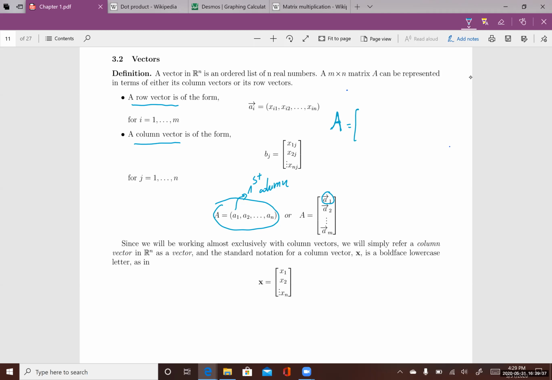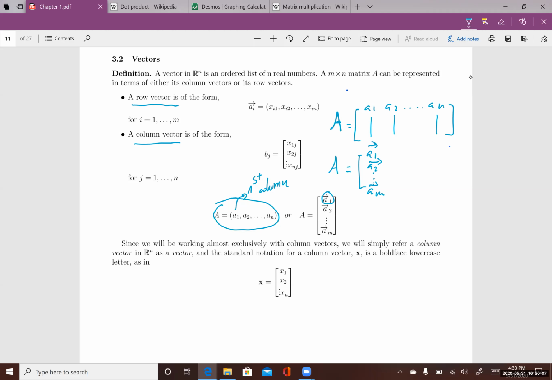Okay. So again, if you use column vectors to represent A, you can see that you have a1, a2, an. You have n column vectors, right? And if you use row vectors to represent A, you have a1 with an arrow, a2 with an arrow. So this is the first row vector, the second row vector, and you have m rows, so you should have m row vectors.